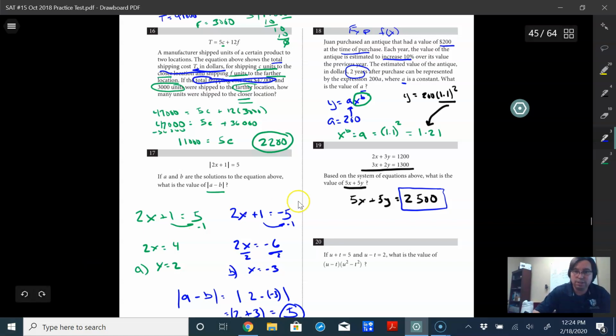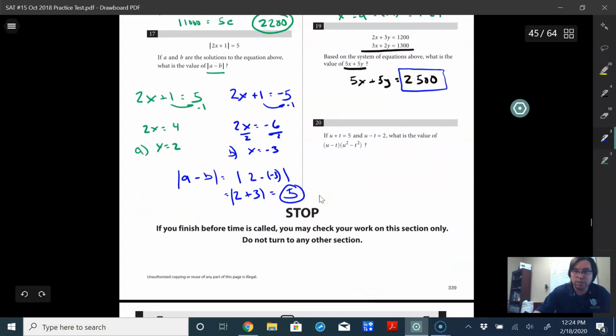And then lastly, number 20 on this section. What we should hopefully notice by looking at this is a difference of squares. Remember, the SAT loves embedding these into questions. So we can rewrite that whole expression as u minus t times u plus t, times u minus t.